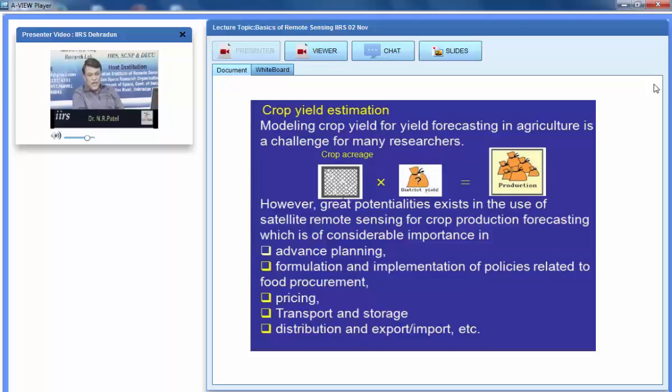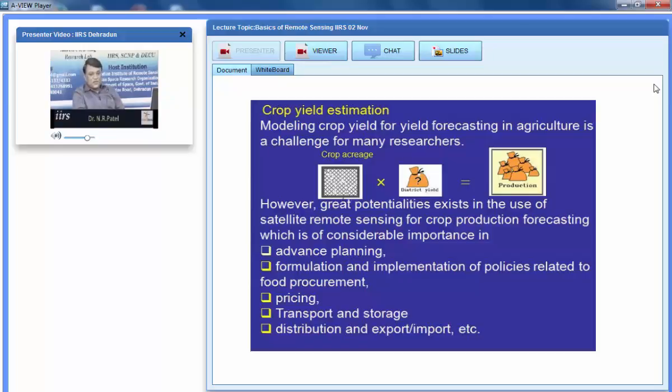At the same time, if a deficiency or shortfall in production is forecasted well in advance, this information can also be useful for procurement of food to avoid any crisis of food grain for the people of India.